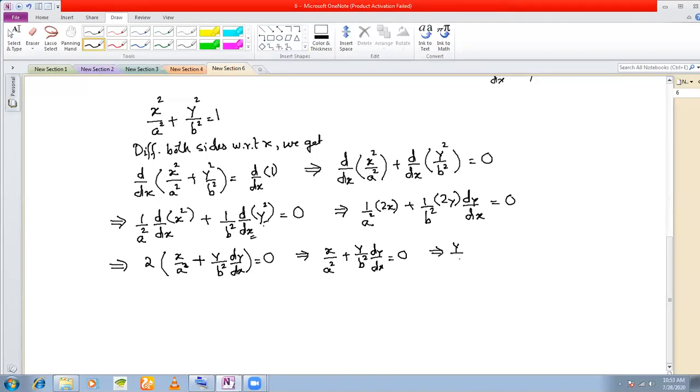That means y by b square dy dx is equal to minus x by a square. Now if you cross multiply, you multiply this b square with this x and this y with this. So you get dy dx is equal to minus b square x divided by a square y. Clear?